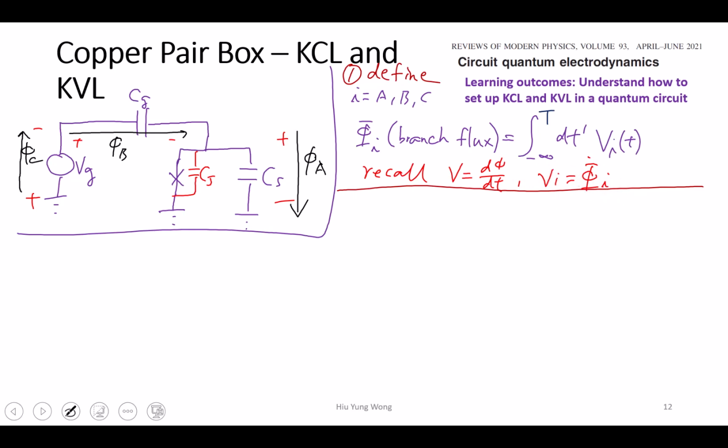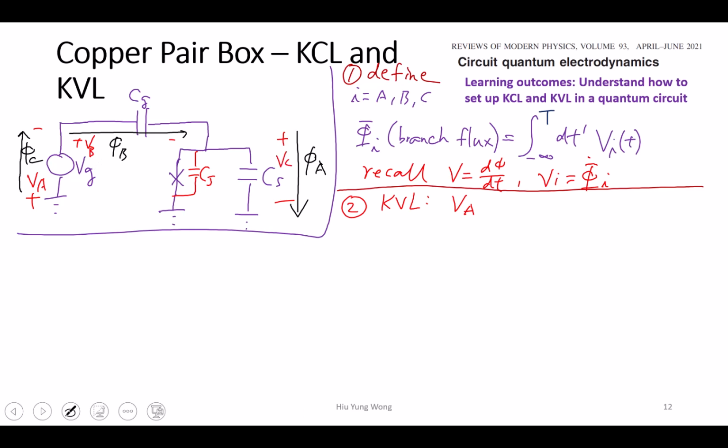So what do we get from KCL, KVL? We have Kirchhoff voltage law. We have VA. Here is VA. This is VB, the red one. And this is VC.